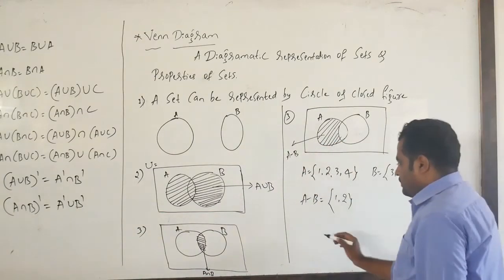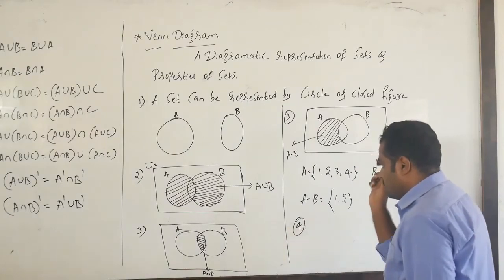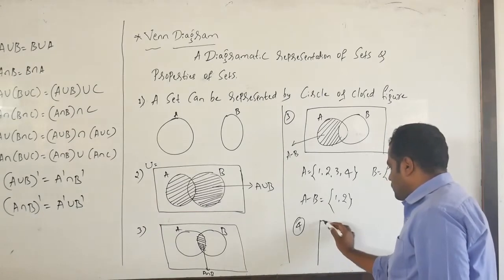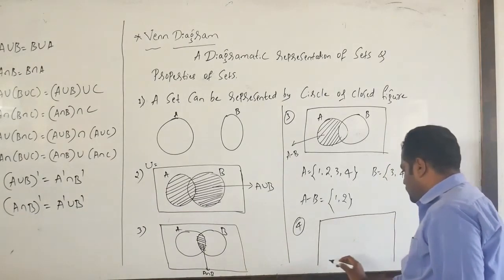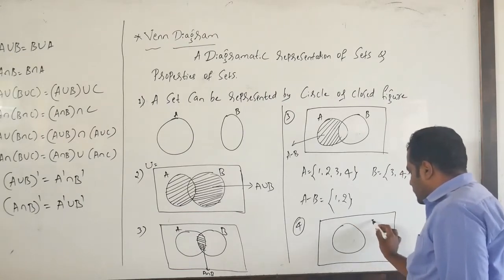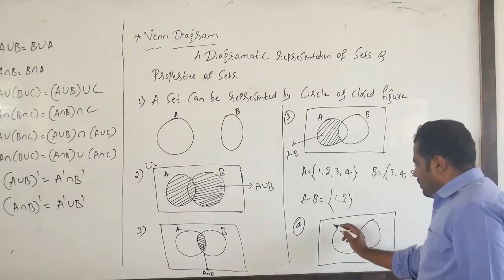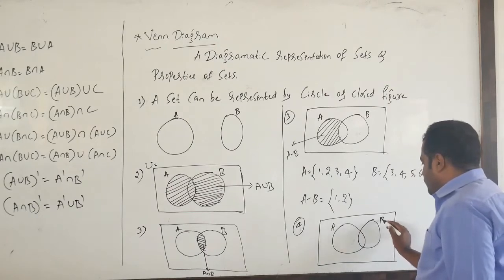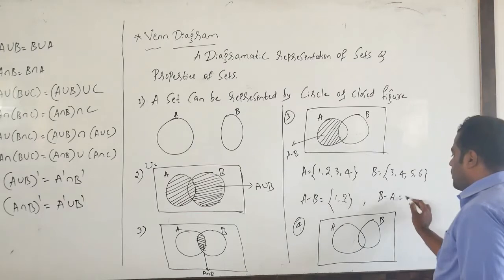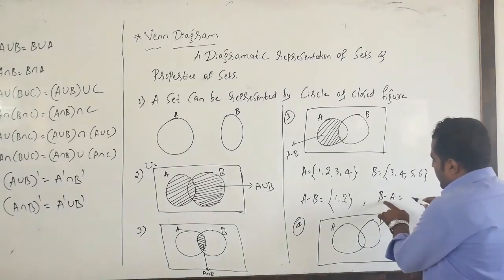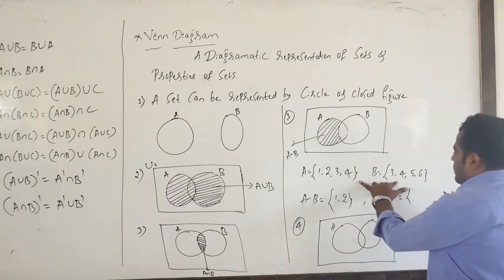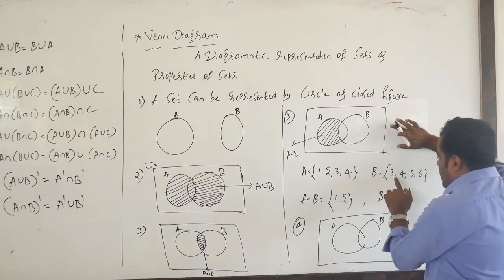Similarly, B minus A. Again, consider set A, set B. Here, what is B minus A? Consider B but not A. What are the common elements here? 3 and 4.